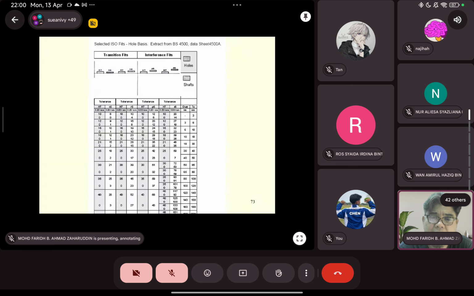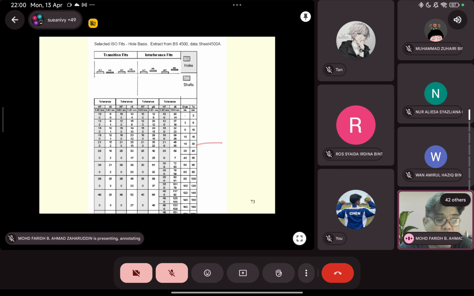Zuhairi, which one do you want to use? The top one, 30, or the bottom 30? Sorry doktor, boleh ulang balik tak soalannya? Okay, diameter 30. If, let's say, I give diameter 30 H7 K6. Okay, now you have two values of 30.